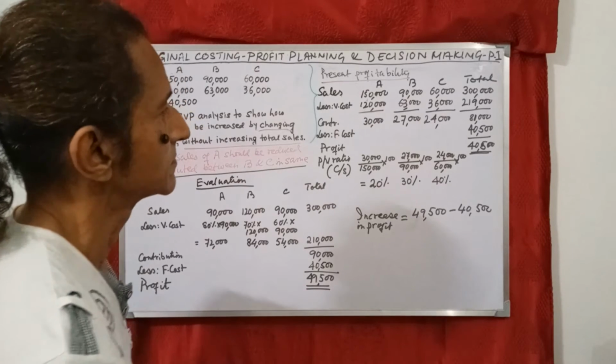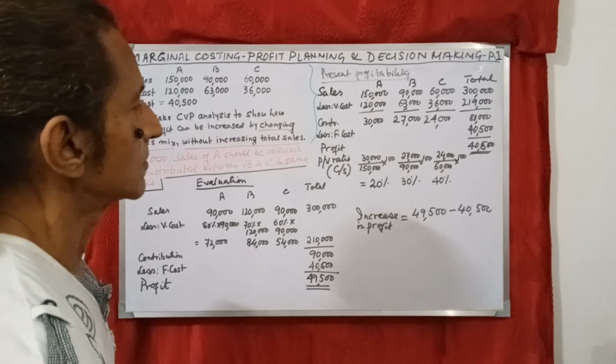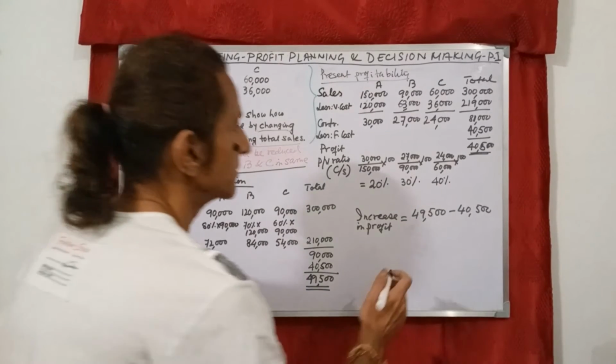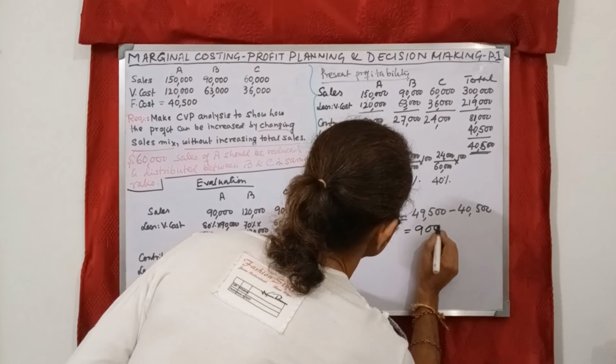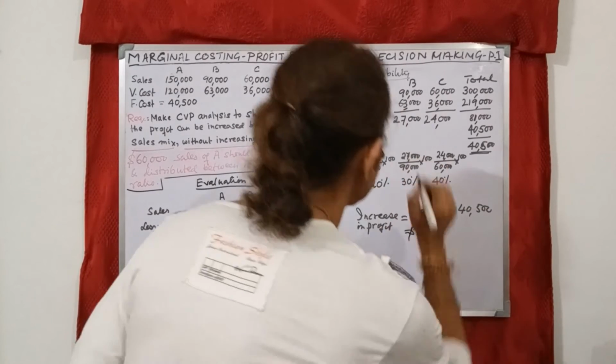Correct? This is equal to 9,000. Say $9,000.